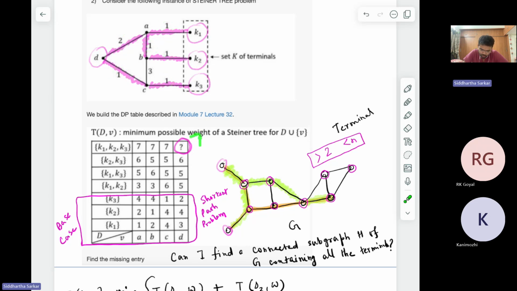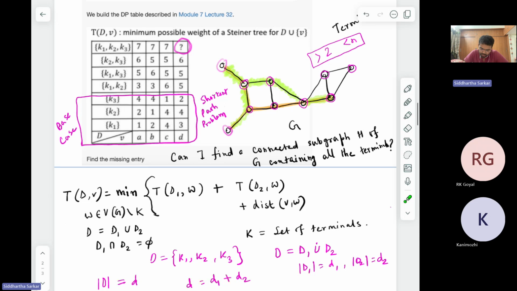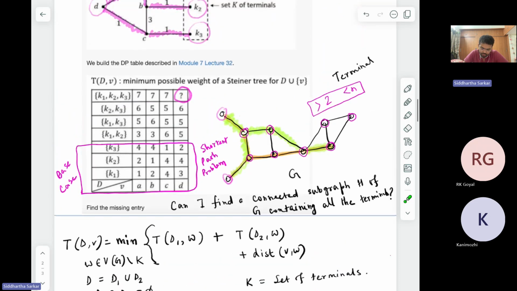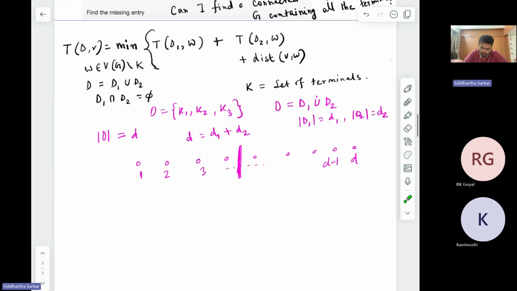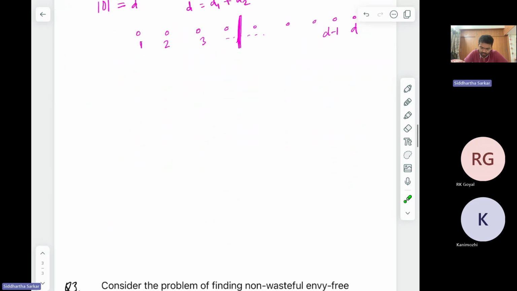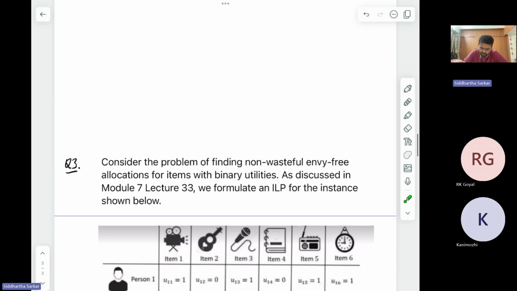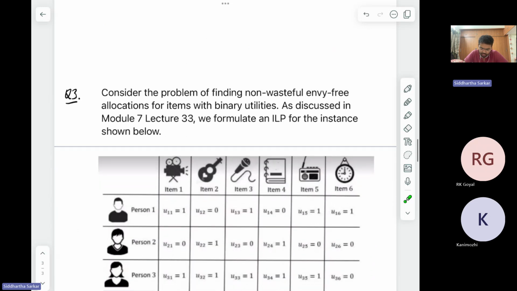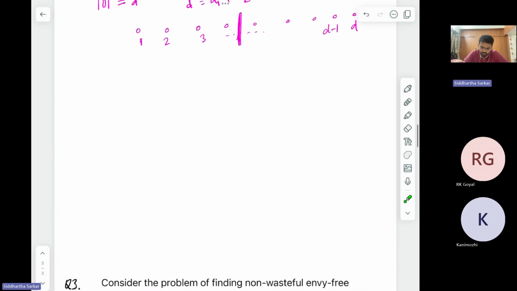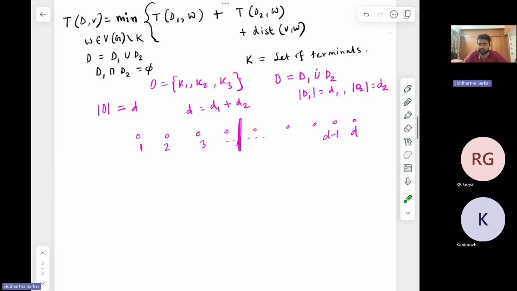So we know that this answer should be 7. Now we have to do this business of breaking D into two parts and so on. That will take some time, so at this point we can take a break. The remaining two questions will not take more than 15 minutes, that is my feeling. So let us come back around 6:50.